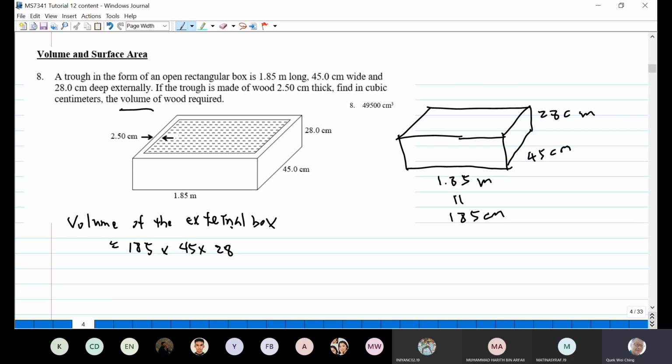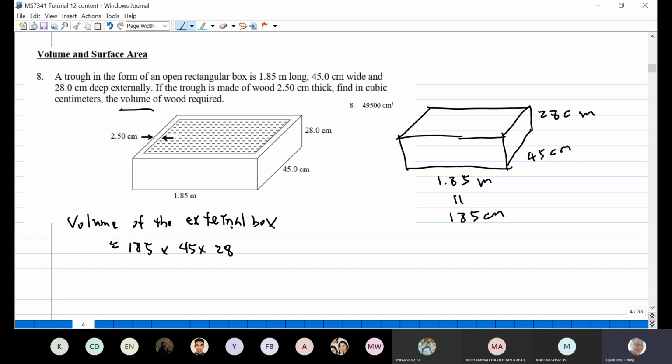Then you calculate the volume of the external box here. So it's a big number. Okay, let me see.